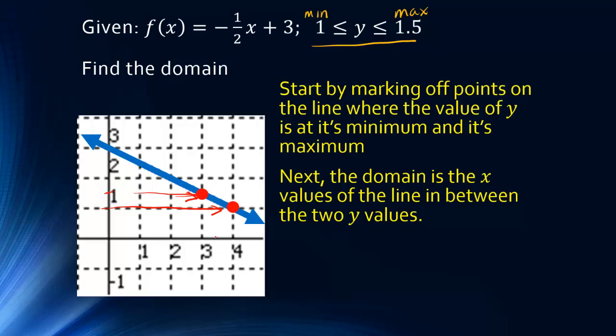So we've made our two dots. Now we need to identify what is in here. So we go down and we see that x is anywhere between a minimum of 3 and a maximum of 4. So we can say the domain is x is greater than or equal to 3 and less than or equal to 4.